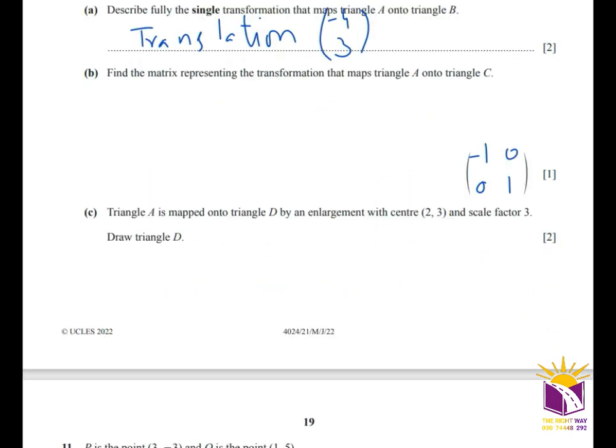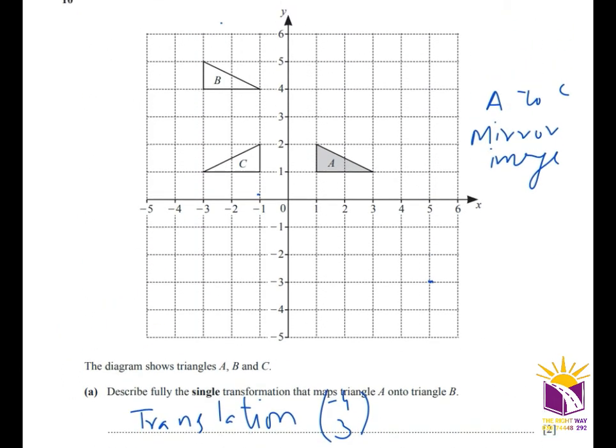Part C. Triangle A is mapped onto triangle D by an enlargement with center 2, 3 and scale factor 3. Draw triangle D. First of all, I am going to draw the center point 2, 3. For the x-axis it is 2 and for the y-axis it is 3. So this is my center point.